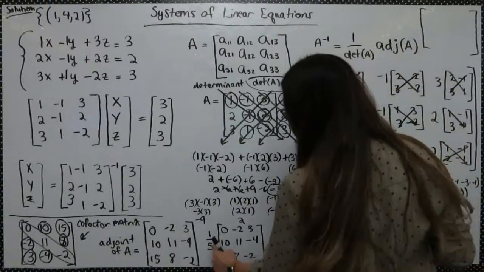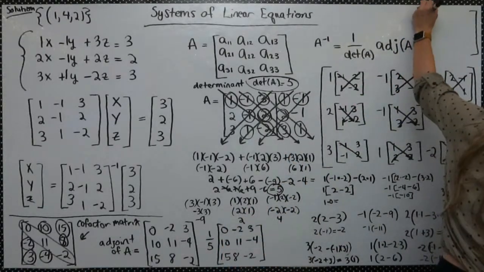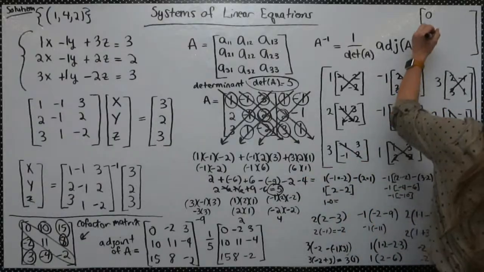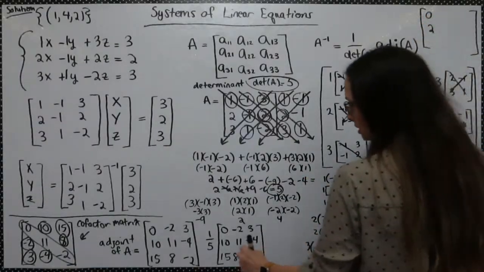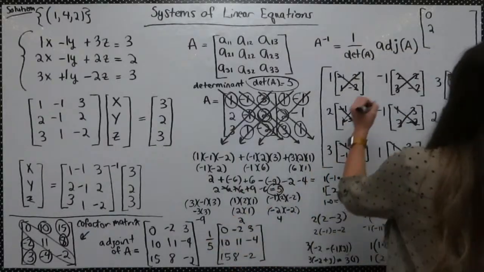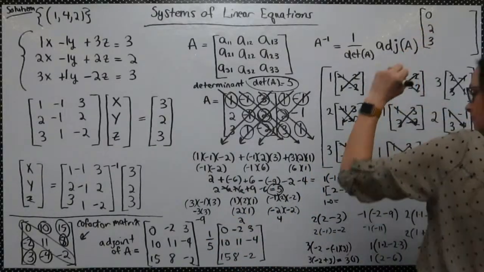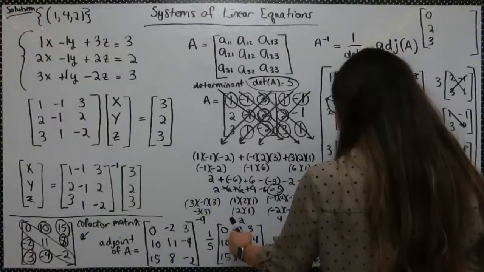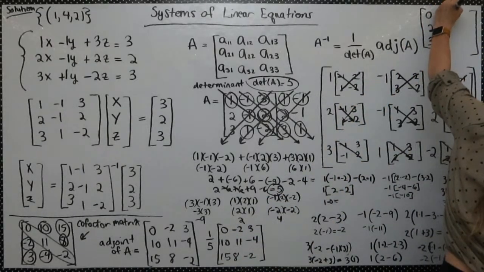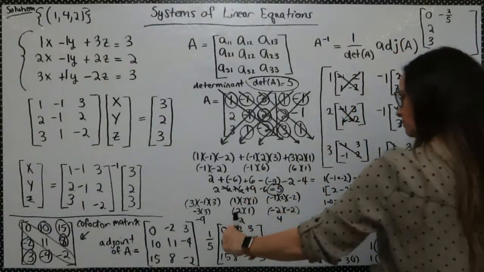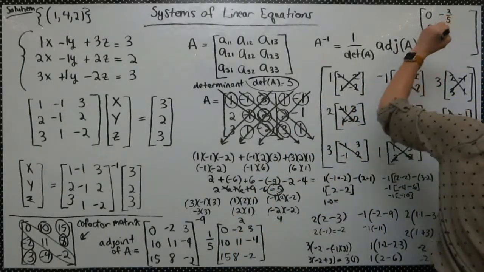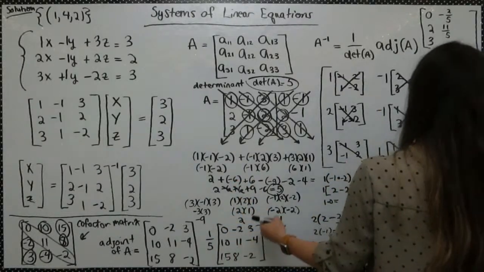So 1/5 times 0 is 0. That's not going to change. 1/5 times 10. 10 divided by 5 is 2. 1/5 times 15, so 15 divided by 5 is 3. 1/5 times -2 is -2/5. 1/5 times 11 is 11/5. 1/5 times -4.